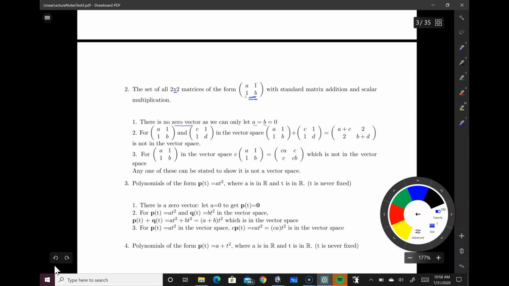So there is no 0 matrix, right? I cannot get to 0, 0, 0, 0 because things in this subspace always will have 1s there. So that is not ever going to give me 0, 0, 0, 0. So there's no 0 vector.